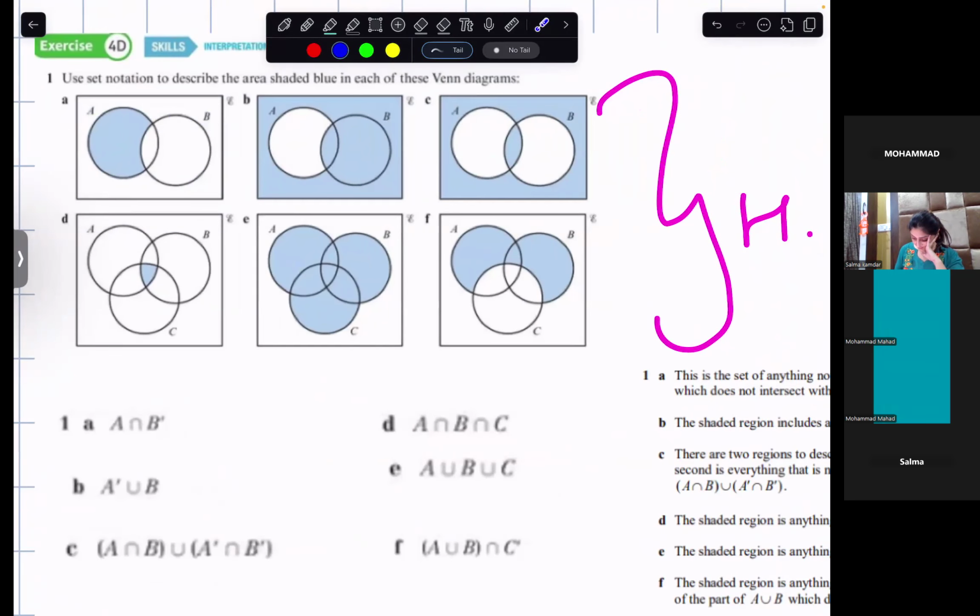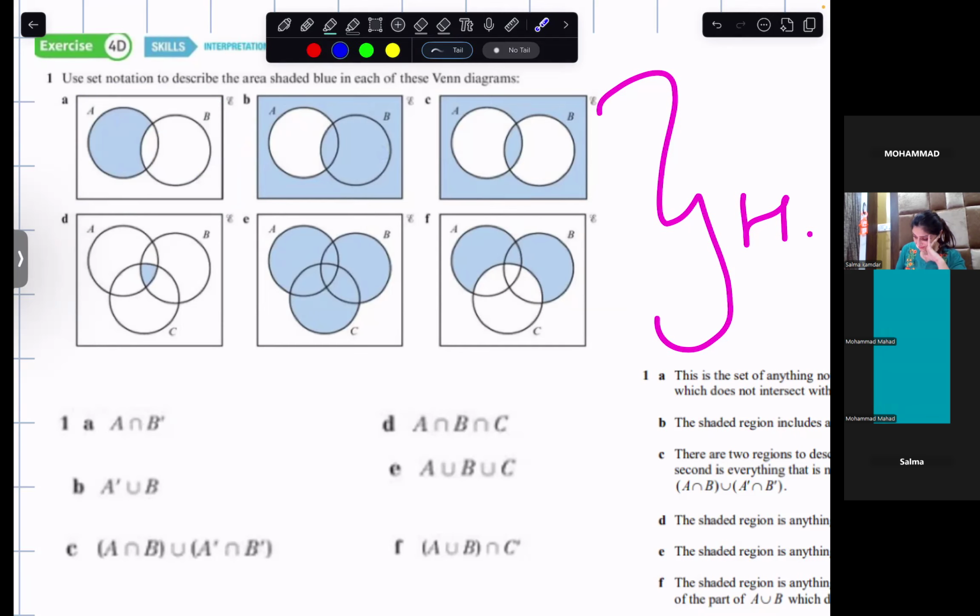So we take what's part of A but does not intersect with B. This is B, and B not is everything here. Then we take what intersects with A and B not. So A intersection B not is this part.